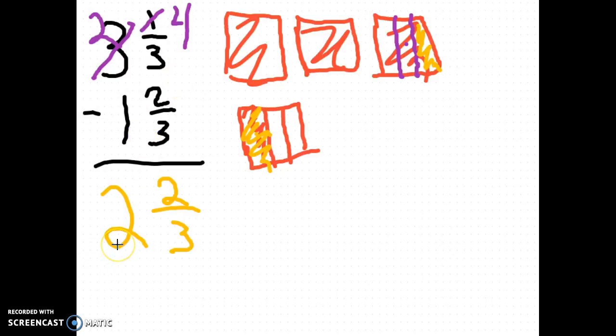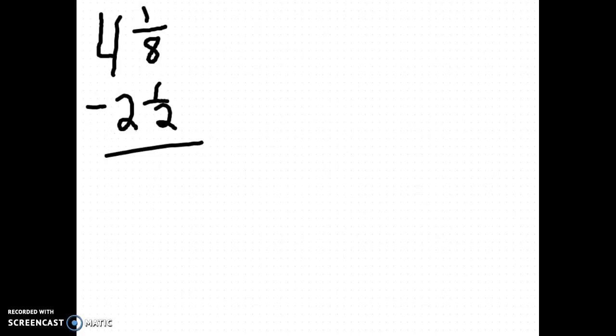We're going to look at another example where there are not like denominators. So here's an example of subtraction with regrouping when there are not like denominators. 4 1/8 minus 2 1/2.